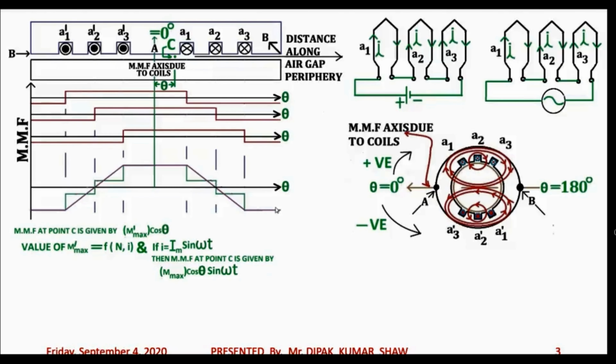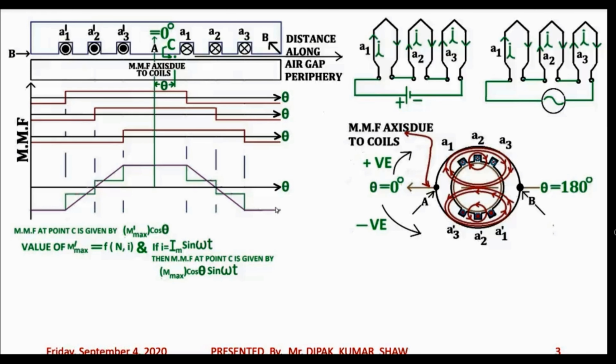This trapezoidal MMF waveform is periodic in nature, and it also satisfies Dirichlet's conditions, so it is amenable to Fourier series expansion. Amenable to Fourier series expansion means we can apply Fourier series expansion to this trapezoidal MMF waveform. Now, what is going to happen if you apply the Fourier series expansion to this trapezoidal MMF waveform?